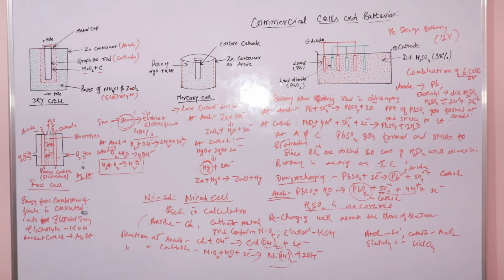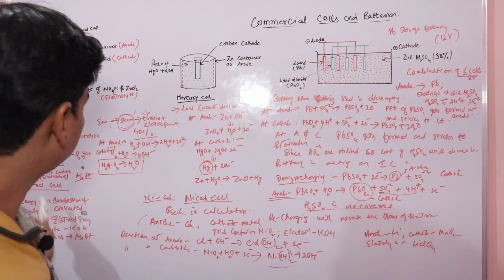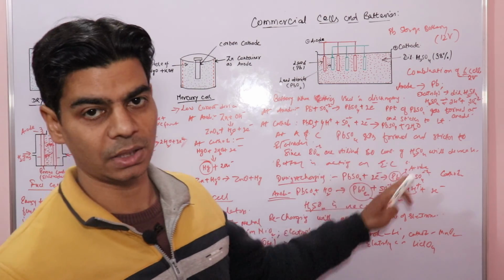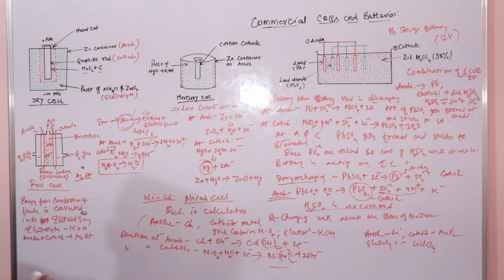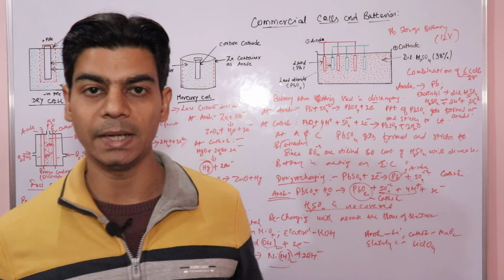This is all we need to do for fuel cells. The most important thing to remember is that the energy generated from combustion of fuels is used to produce electrical energy.